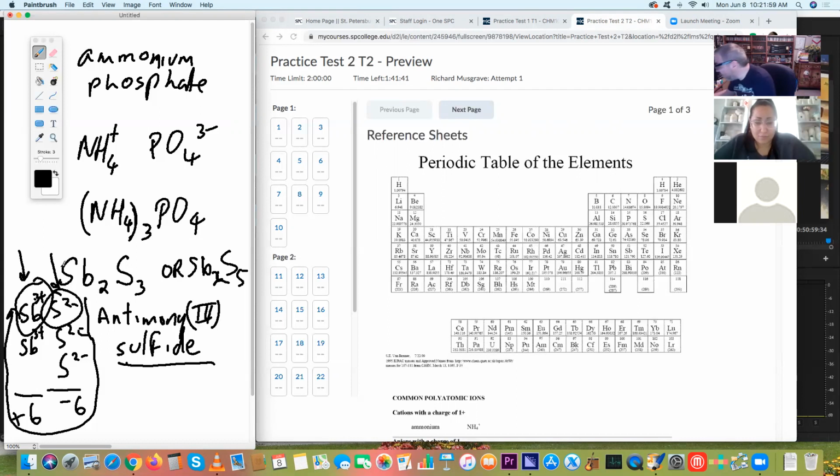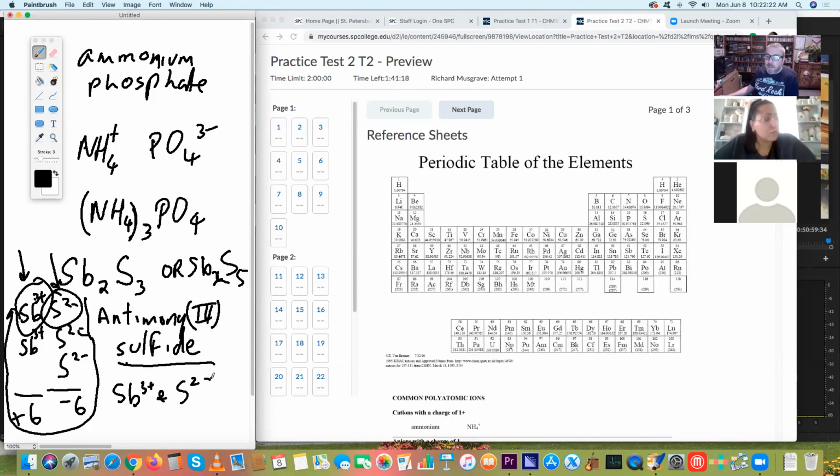So if you were looking for the single anion or a single ion, the answers would be Sb3 plus and S2 minus. That would be it. It's not going to be 2 of the Sb3 pluses or 3 of the S2 minuses. So you might be wondering, well, how does that help us if we don't know how many of each there are?